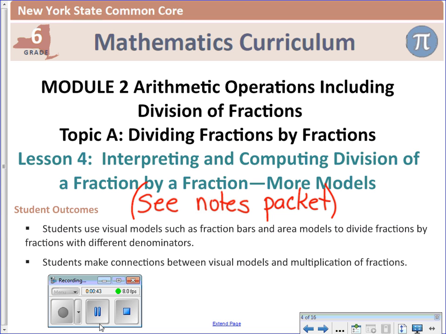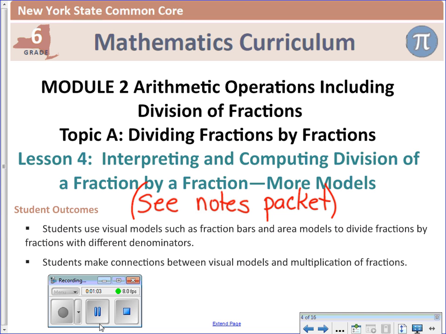The third page on top says exercises 1 through 5. That's your homework. And there are tables there for you to fill in for 1 through 5. There are 5 division equations, and you will do the tape diagram and the number line for all 5, and you can do them right in your notes packet.